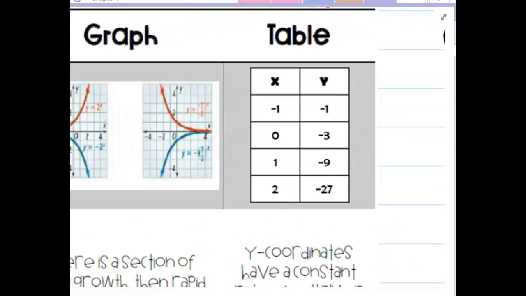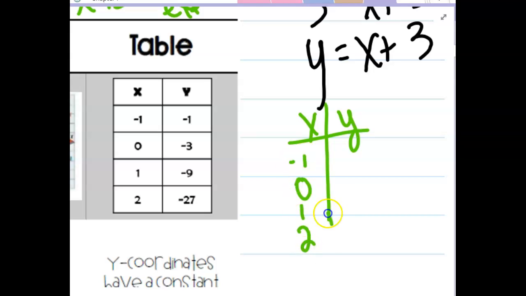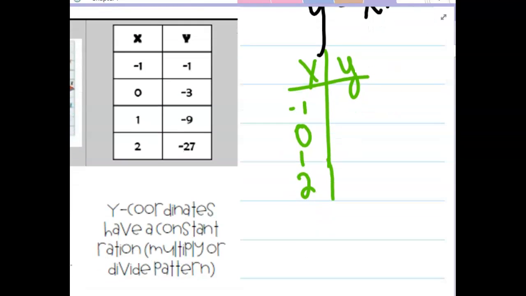Now, one of the things we're going to be doing today is looking at a table of values to decide if it's going to be an exponential function or not. If you were looking at the table of a linear function, here's what you would see pattern-wise. It might say 3, 5, 7, 9.